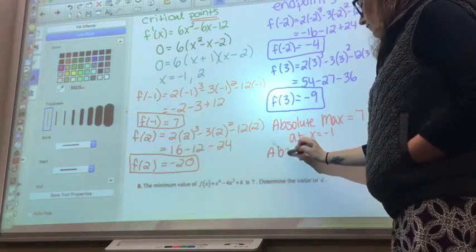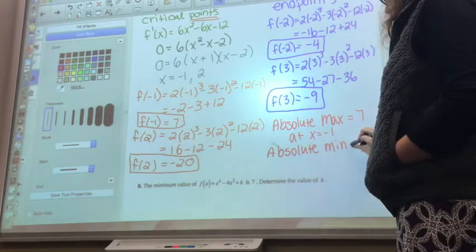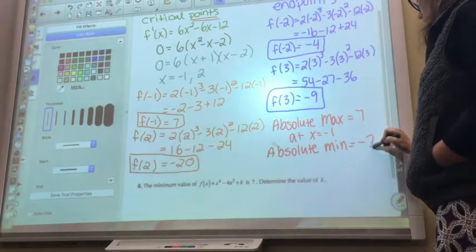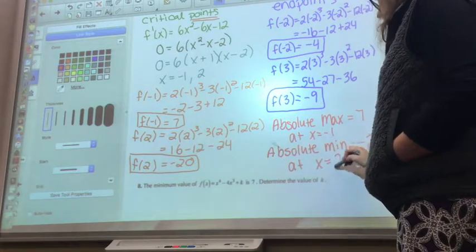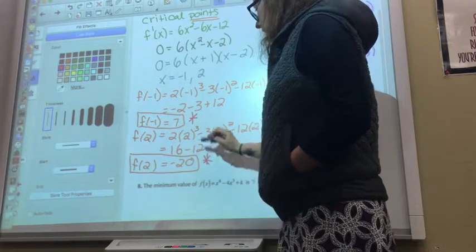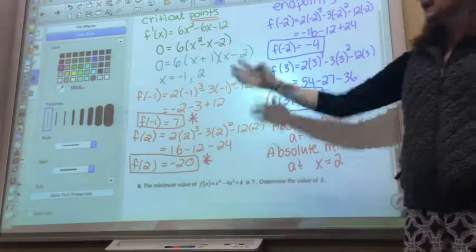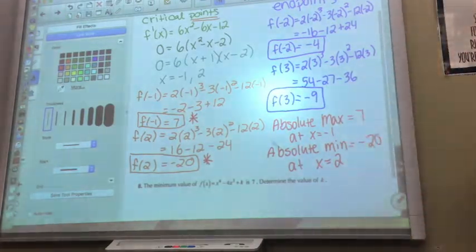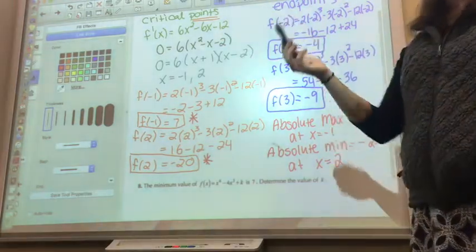And our absolute min is negative 20, and that happens at x equals 2. So in this case, our absolute maxes and mins just happened at our critical points and didn't happen at our endpoints, and that's kind of annoying that we did all this work and we didn't have to. But it happens, yes.